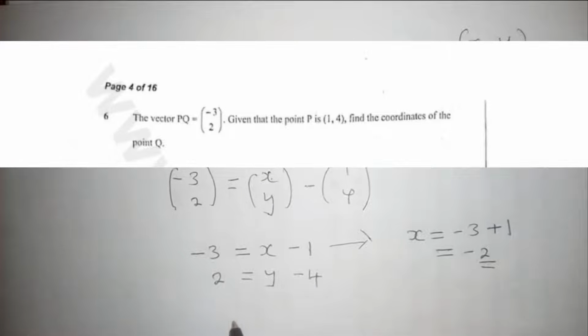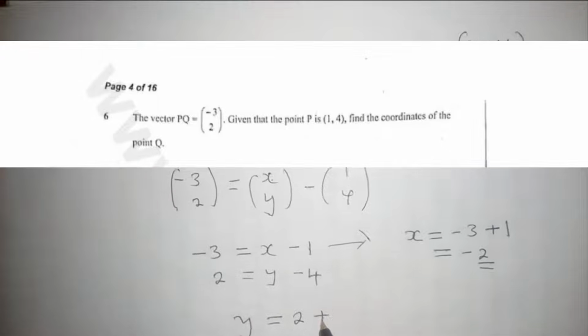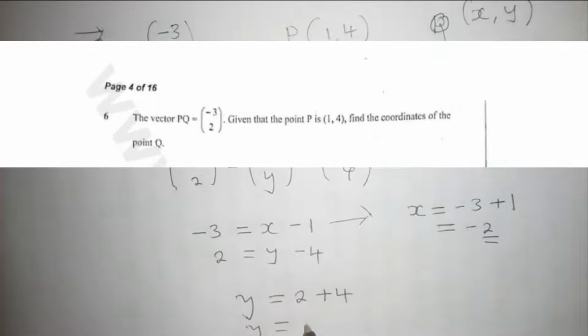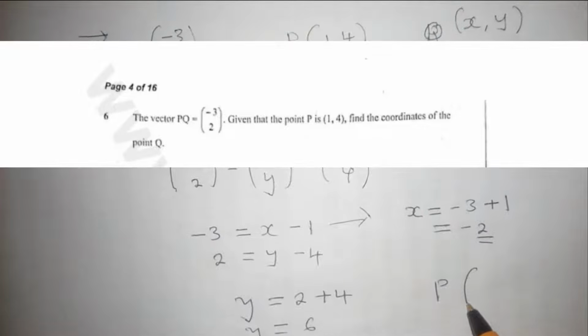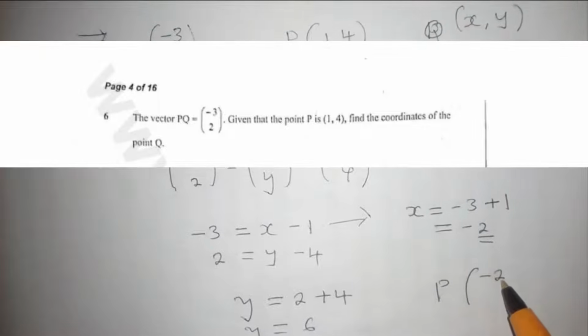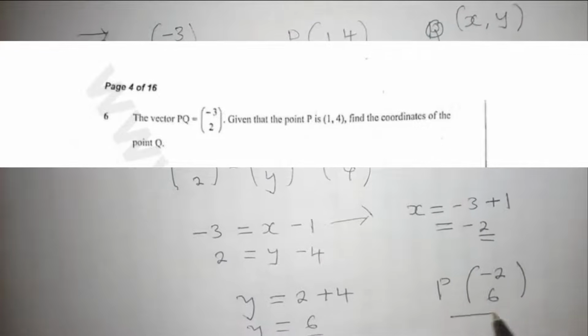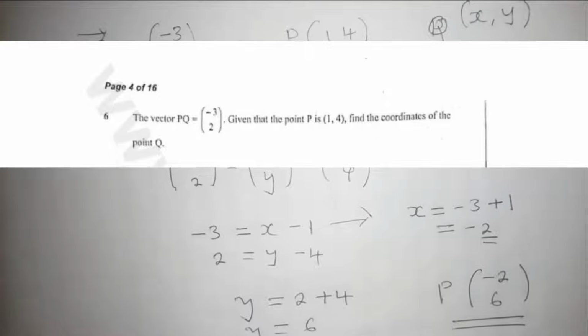We go to y. Here we have y is equal to 2 plus 4, so when we work out things, you'll find that our y is equal to 6. So meaning the point Q is equal to (-2, 6). So this is our point.